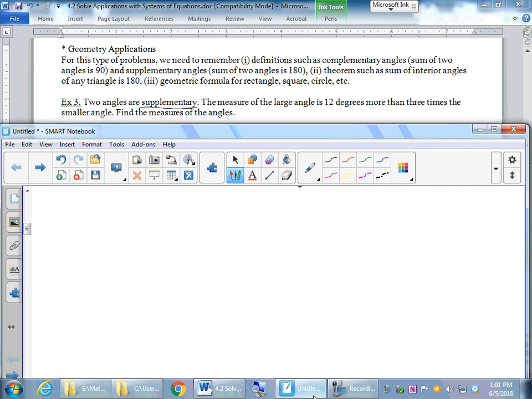So my unknown in this case, step 1, will be large angle and then small angle. That's our unknown. So you can say that it will be X and Y or L and S, whichever.